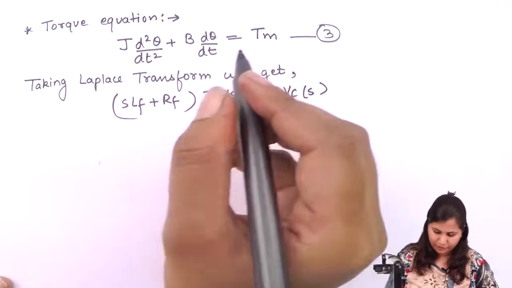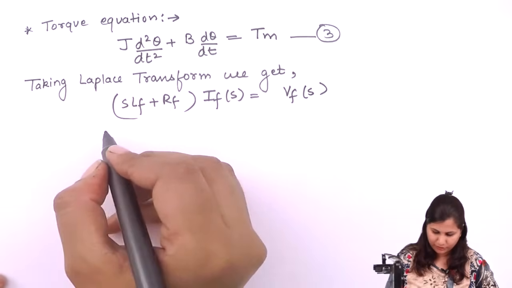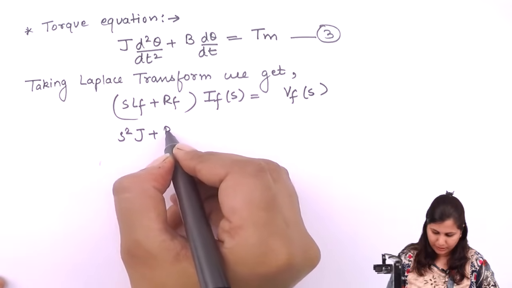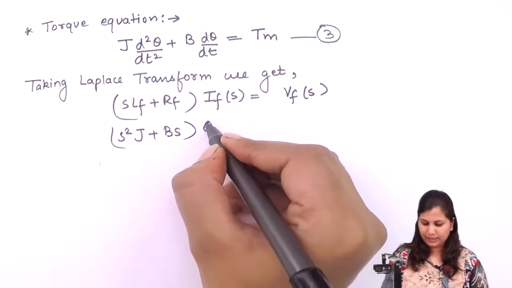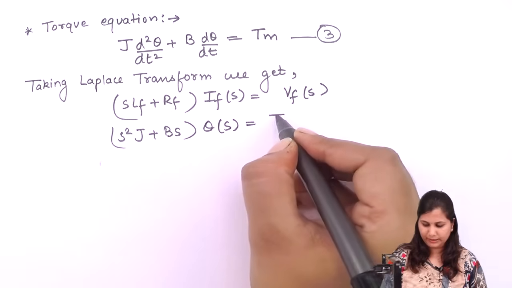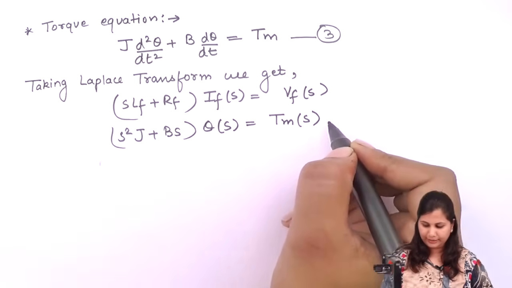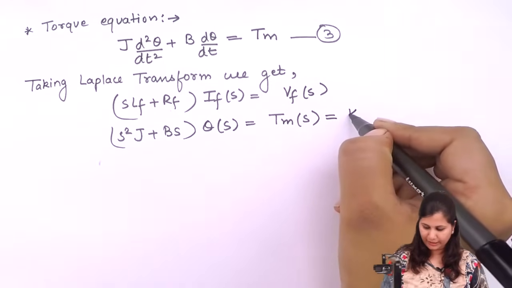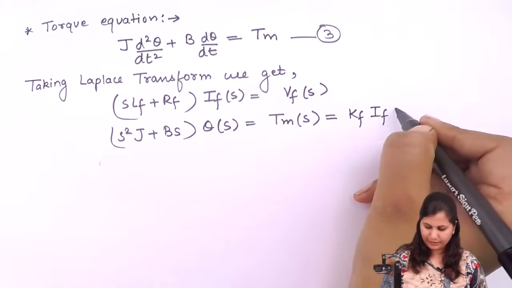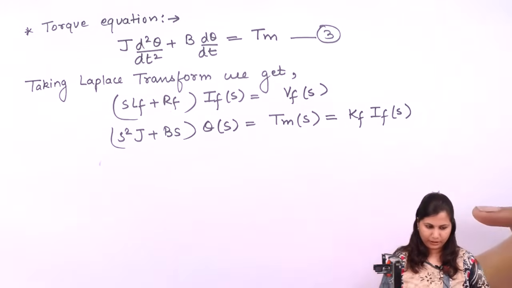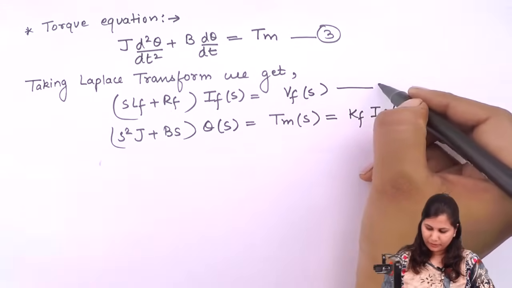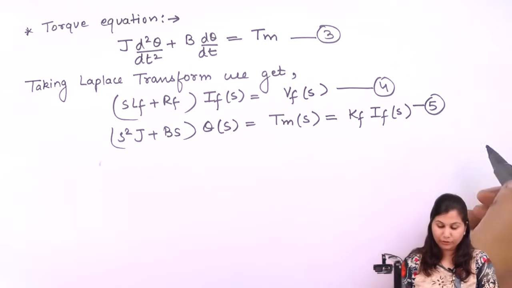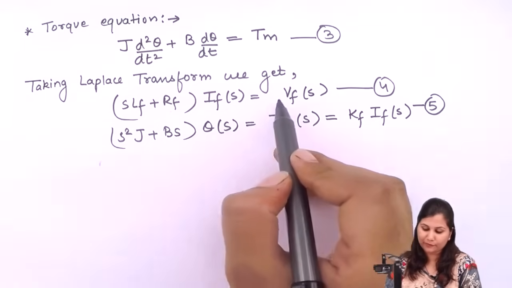And if we take the Laplace transform of the torque equation, we get (S square J plus BS) theta(S) equals Tm(S). And from the first equation, we have Tm(S) equal to KF IF(S).